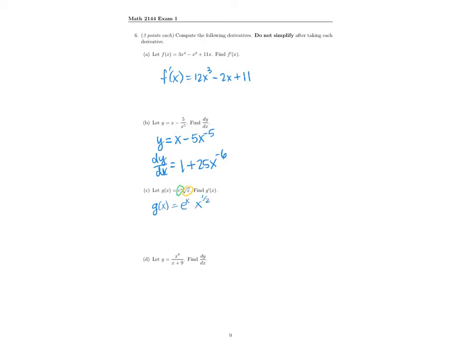So again, I'll just kind of color code this. So when I do g prime, I want to make that yellow.